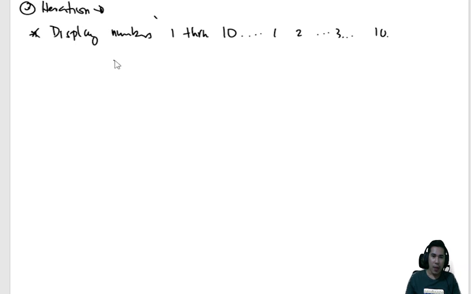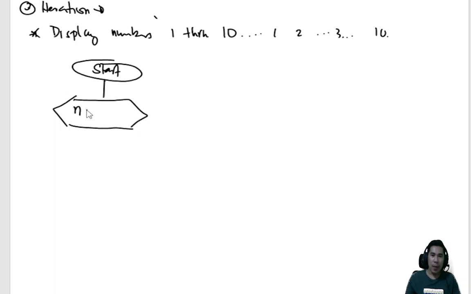So you have here start, and then make sure you initialize the value for your number. Let's say n represents the number, so it will start from 1. It will not take input from the user, so it's basically an initialization of the number.